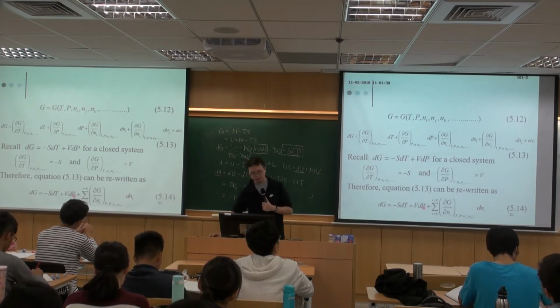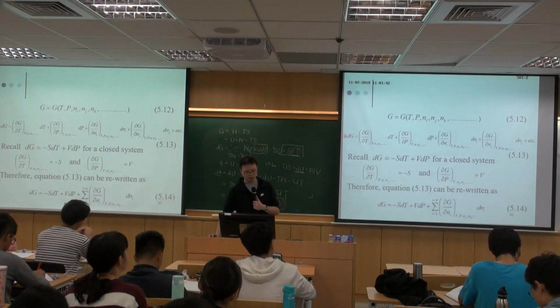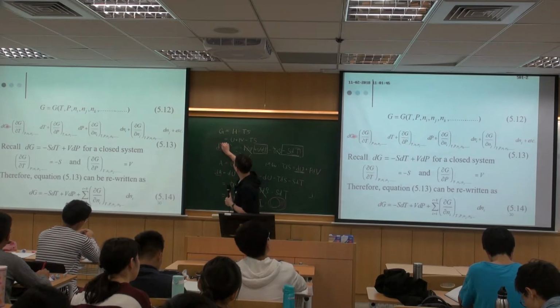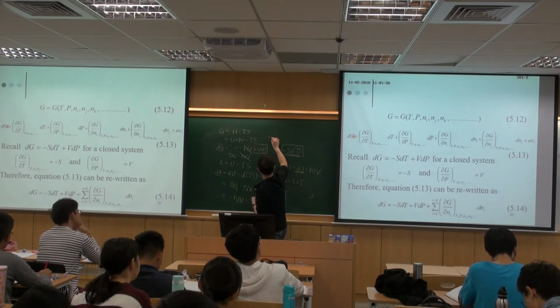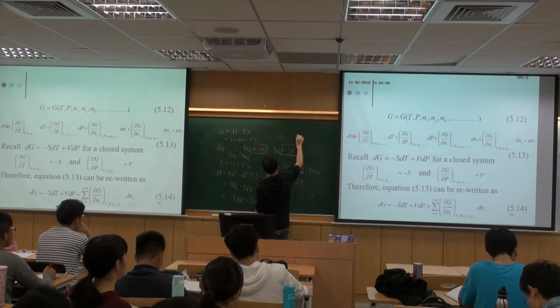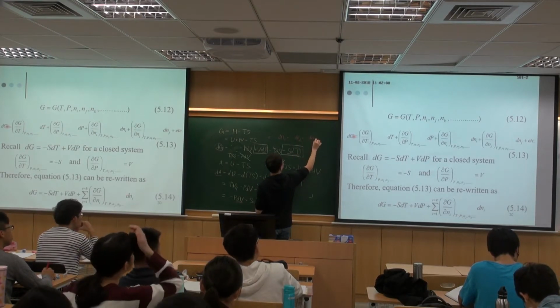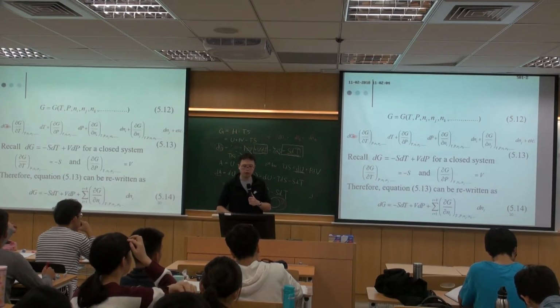Therefore, the perfect differential of Gibbs free energy, dG, should have this, and other terms that are related to all the chemical species in the system.